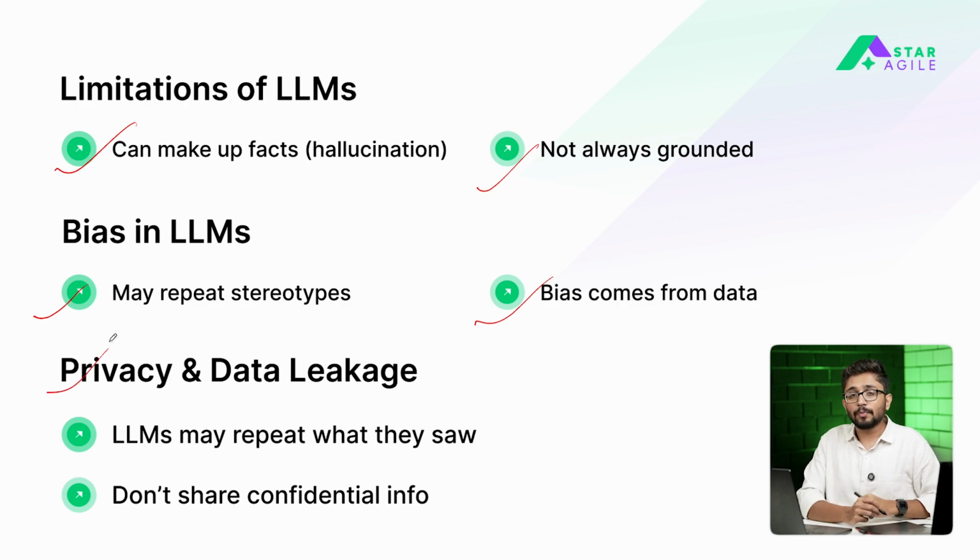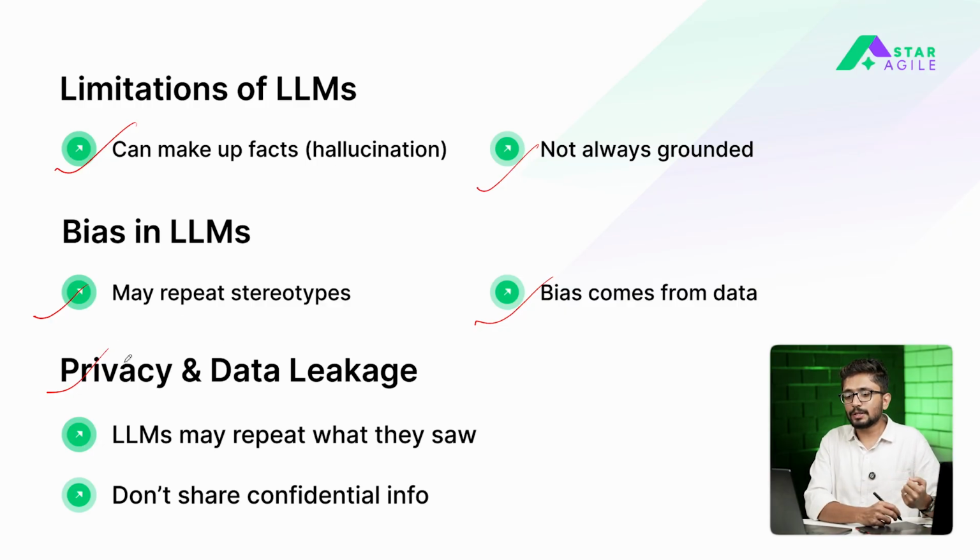Third, and the very, very important one, is that data leakage and privacy issues often come with language models. Right? So LLMs, whatever information they have seen, nobody can stop those models from leaking that information to somebody else. So if you have trained your language model on your proprietary data set and somehow someone else got access to it, then that other person can easily request information from that language model which is proprietary to your organization.